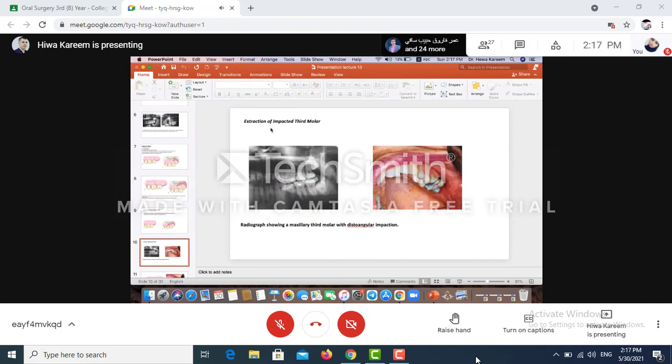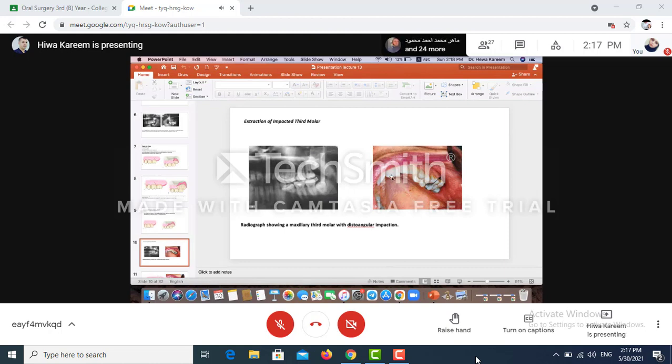Extraction of upper third molar. This is the upper third molar. This is an OPG, a radiograph. This one is distoangular. It is mandatory to take a radiograph before extraction of any wisdom tooth, lower or upper.